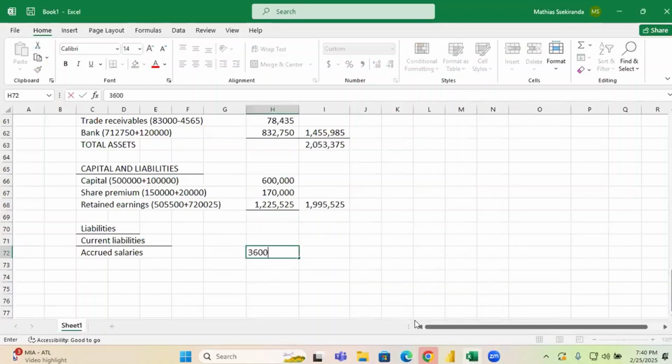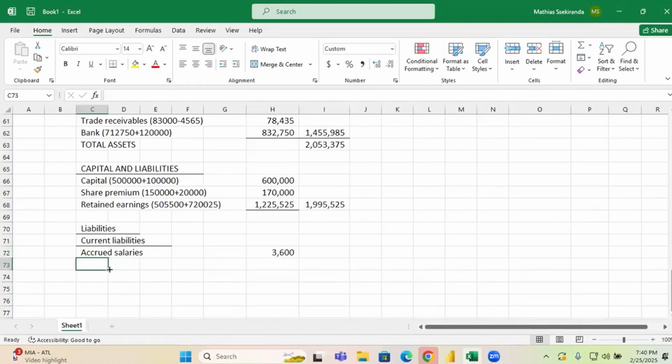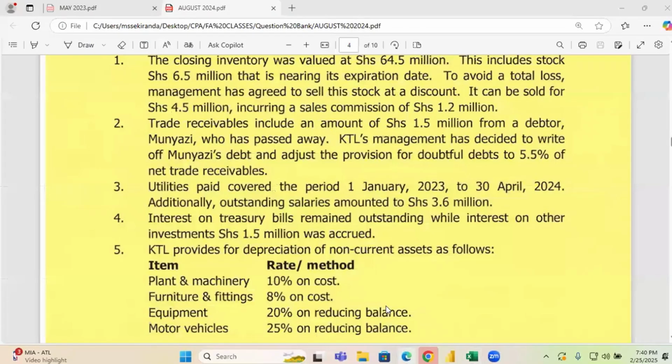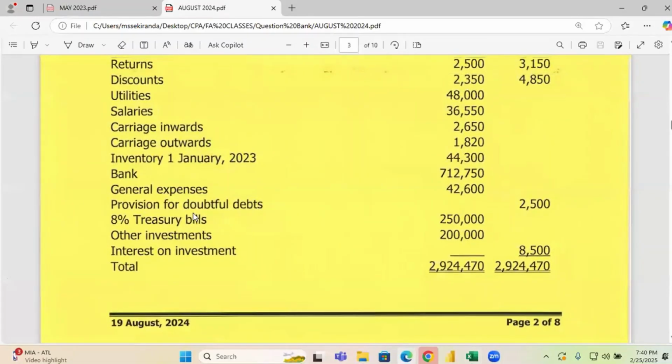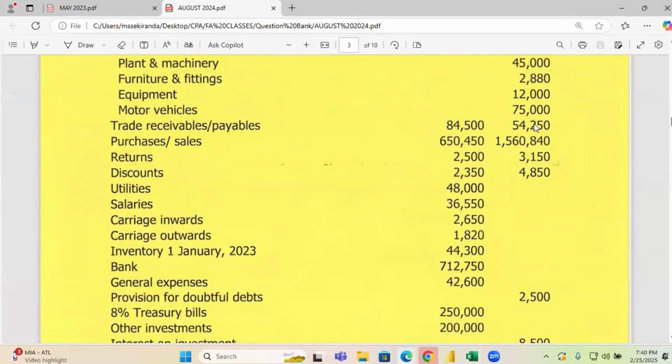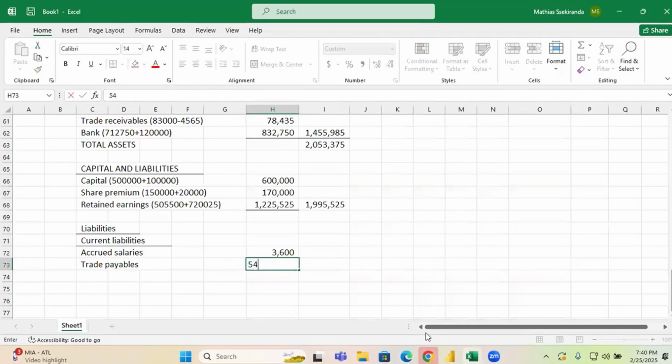So you bring the 3.6 here. We had the trade payables. When you go to the trial balance, trade payables are 5,450. And those are the only liabilities that we had. So we have 5,7,850 as our total liabilities.